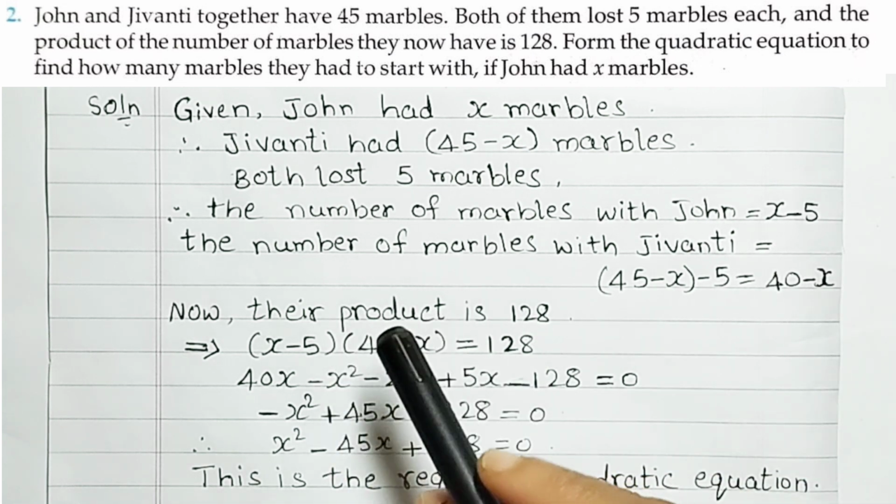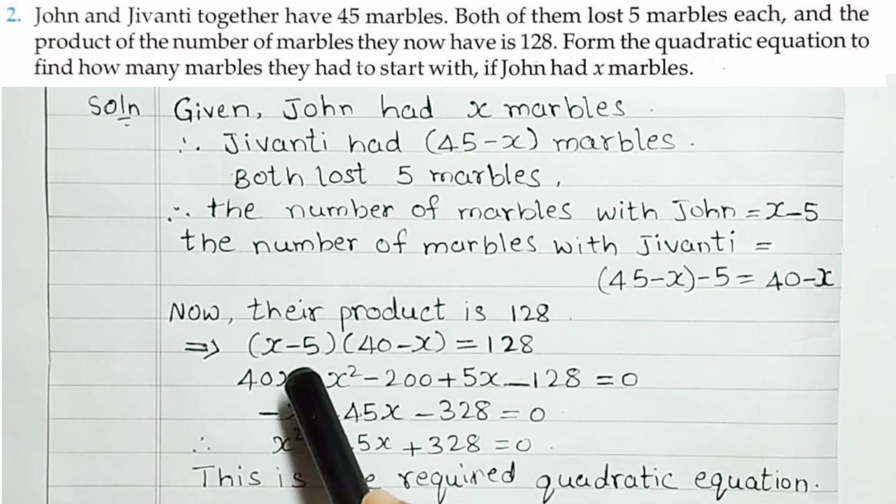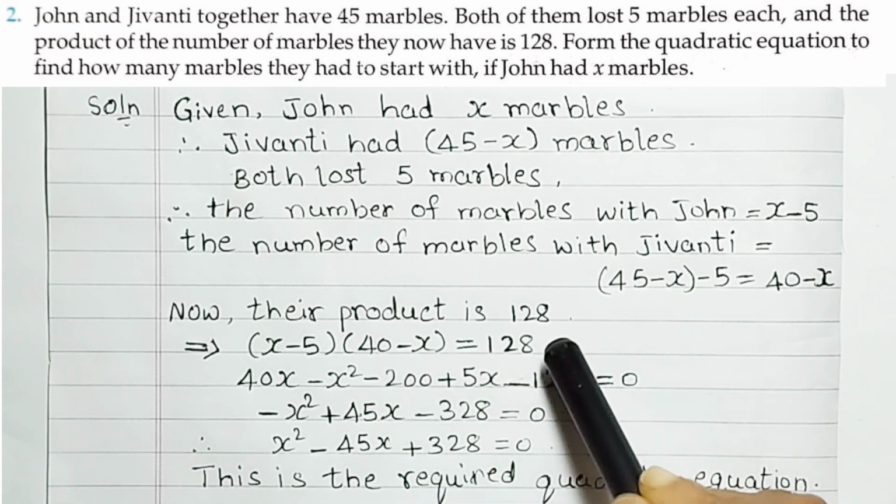According to the question, after losing 5 marbles, their product is 128. That is, (x − 5)(40 − x) = 128.